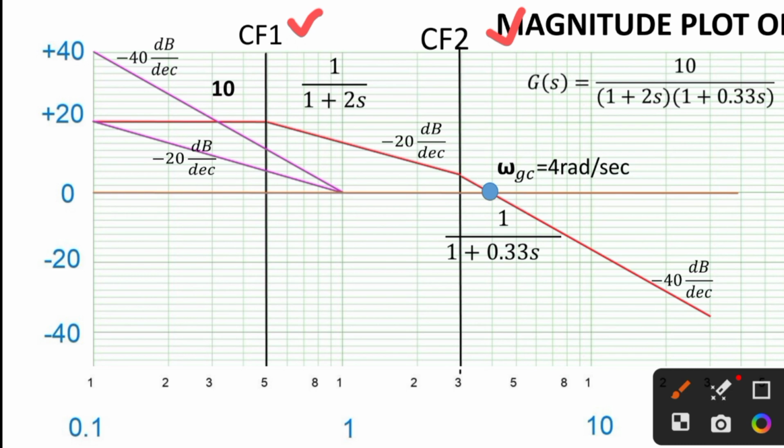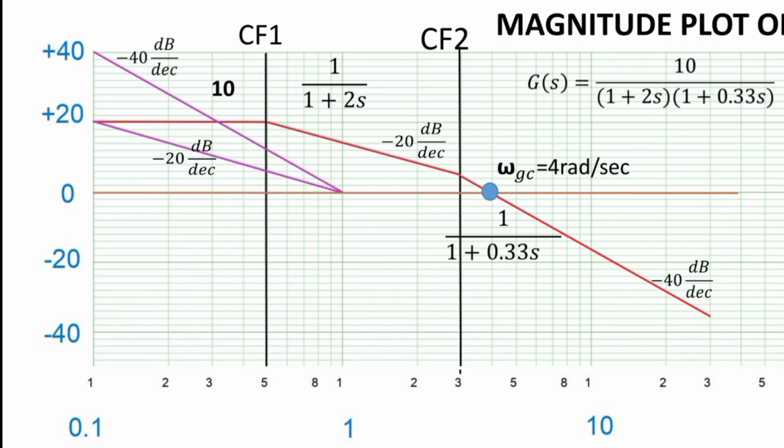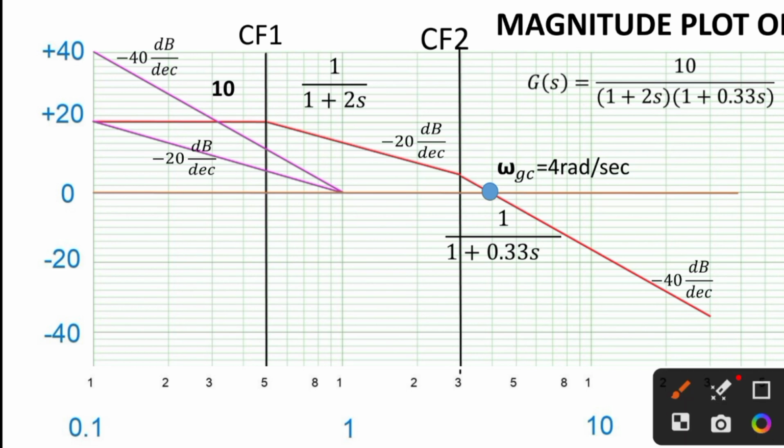Here, the x-axis is logarithmic because 0.1 times 10 we get 1, 1 times 10 we get 10, 10 times 10 we get 100. So the x-axis is the logarithmic axis and the y-axis is the normal, linear axis. Now we have marked the corner frequencies CF1 and CF2. CF1 is 0.5 and CF2 is 3.